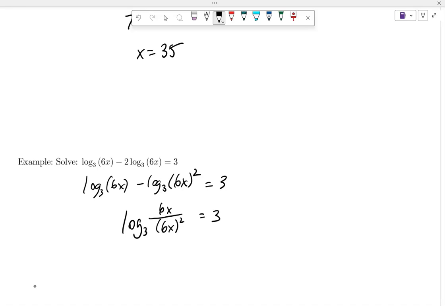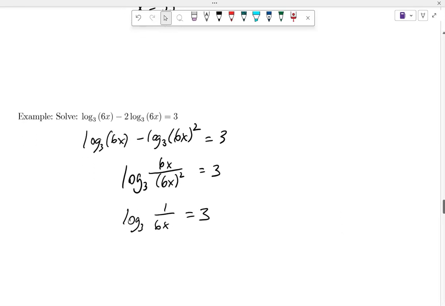Okay, yeah, we can actually cancel, right? We've got a 6x on top and a 6x squared on bottom. I'll do that first, sure. Get 1 over 6x equals 3. Now what do we do? So I got a logarithmic equation. Yeah, I have to rewrite it, right? How do we rewrite it?